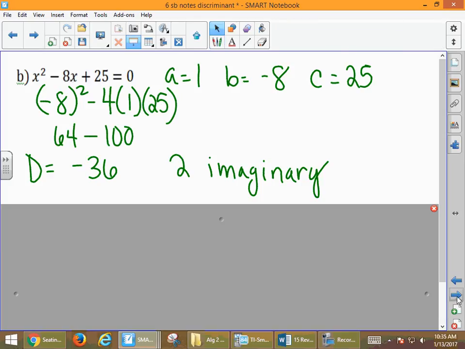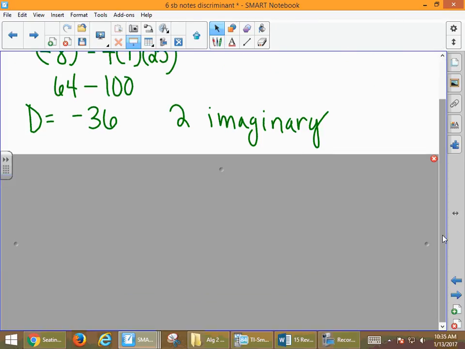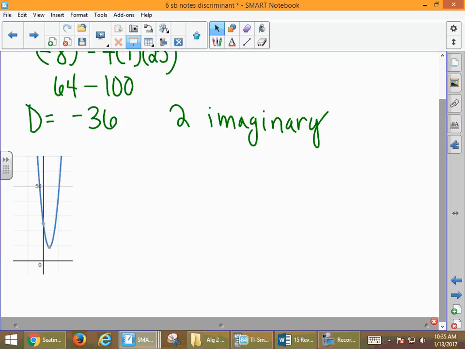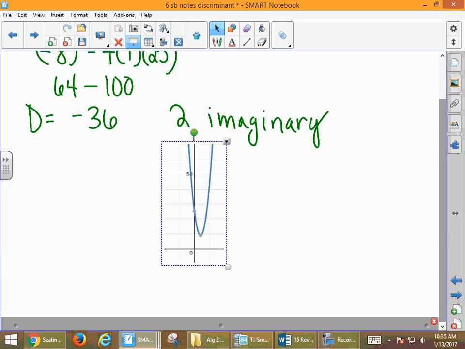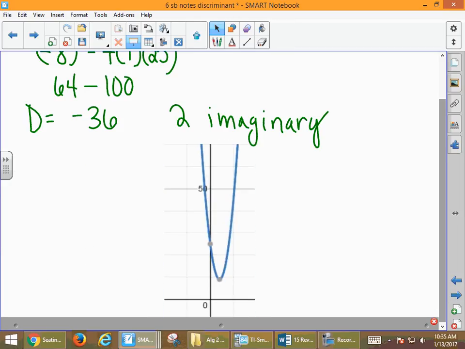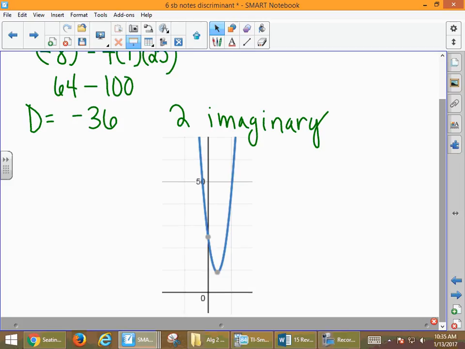The picture on this next one is small. Again, you could type this into your calculator, but because of time, something to notice on here is that my scale is 10, 20, 30, 40, 50. And once again, when we have imaginary roots, the graph does not cross the x-axis.